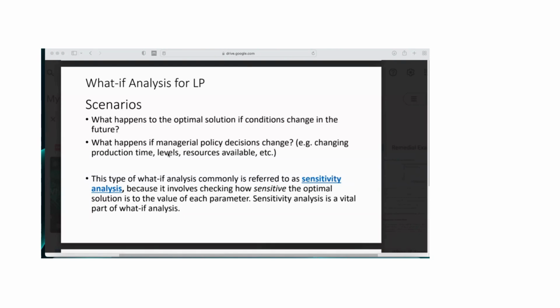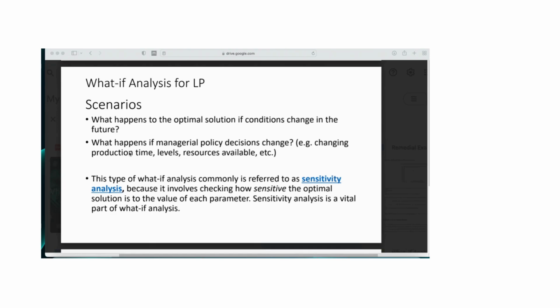These are all affected by managerial policies, and any of these changes will have an effect on the optimal solution. That's what we want to see. For example, if we change the production time, let's say lessening it, what will be the impact on the optimal solution?